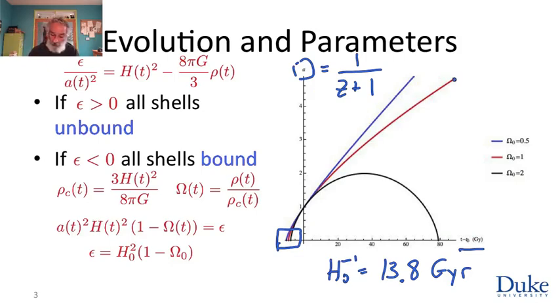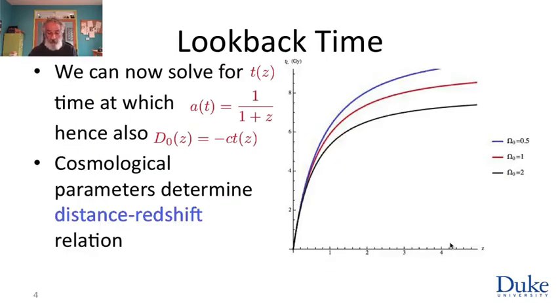The red universe is called critical because the density is equal to the critical density, and the blue universe is subcritical, and the black universe is supercritical. So I can look at these three universes, find what the redshift is for a given redshift, how far back in time I am looking, and I see that in none of these can I look much further than 10 billion years ago, because that's about the age of the universe that they predict.